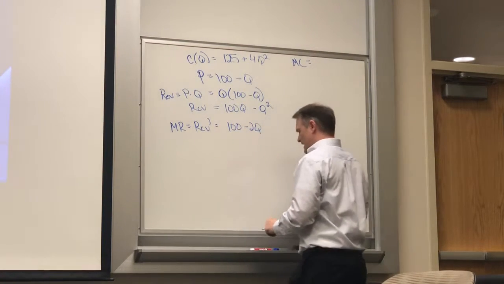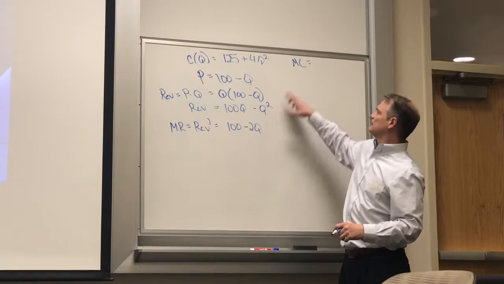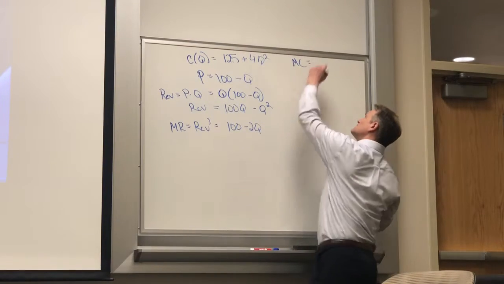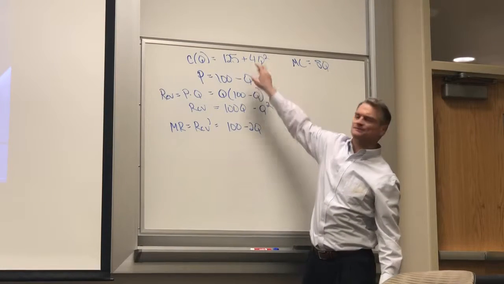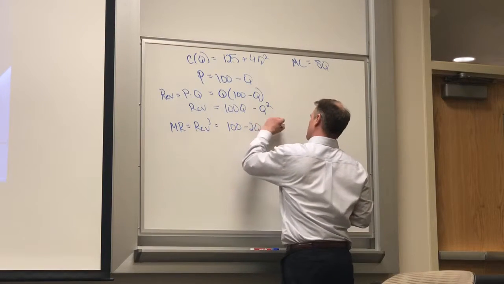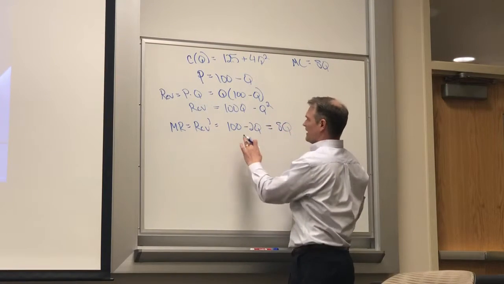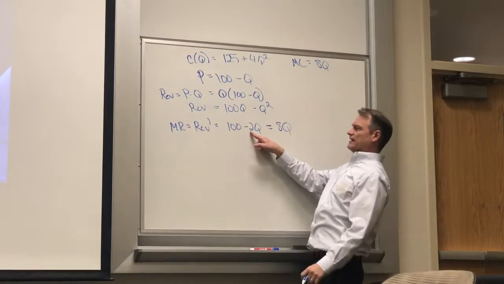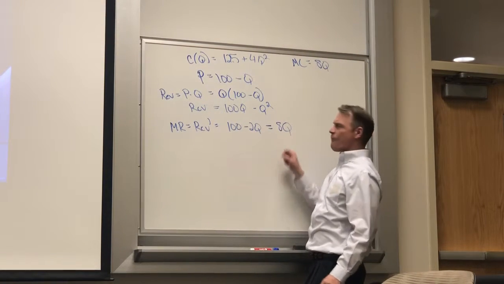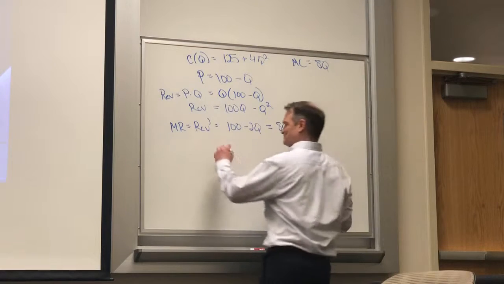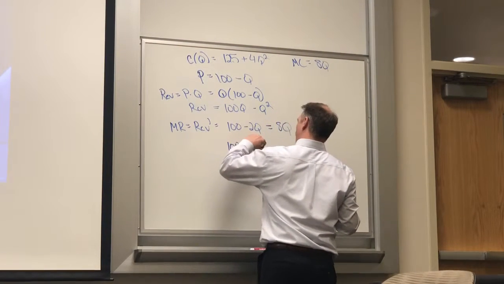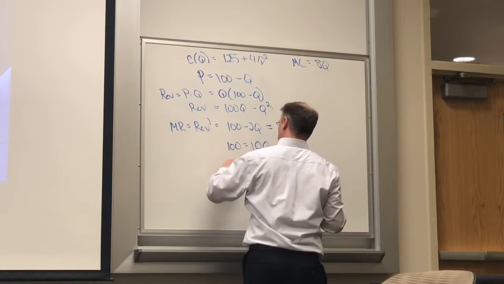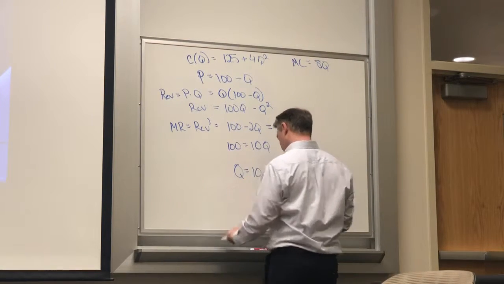Okay, and I set that equal to the 8Q. And this is just the derivative of that. Okay, so I'm going to get that 100 is equal to 10Q when I move this 2Q over. Okay, so Q is going to equal 10.